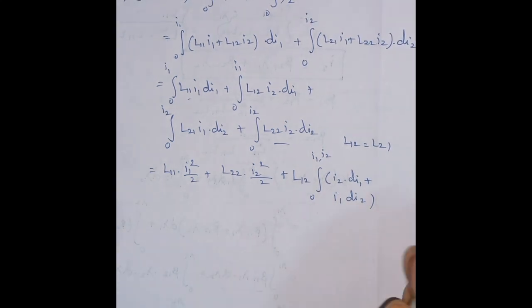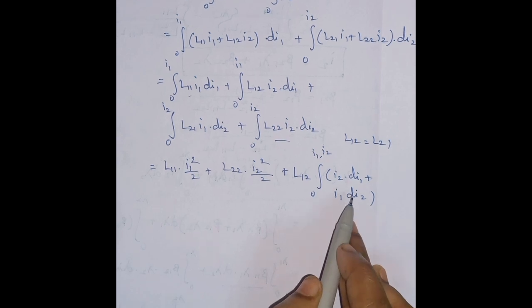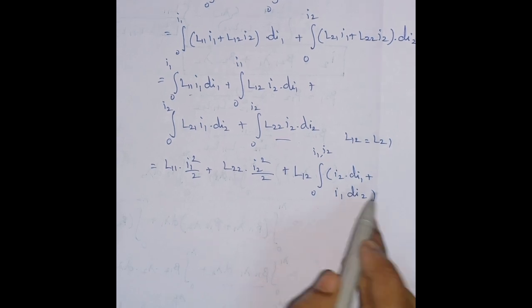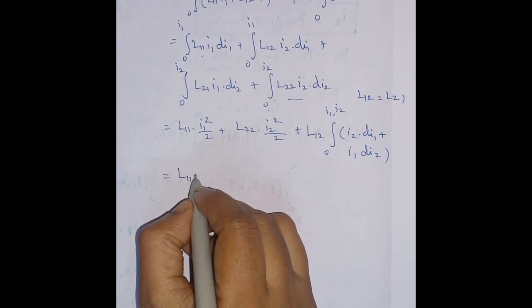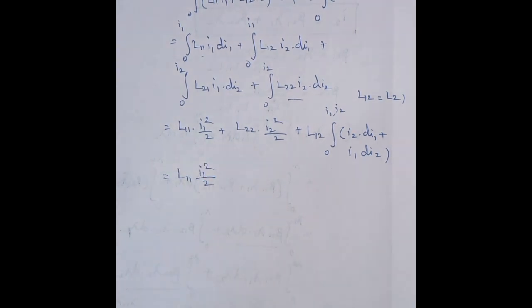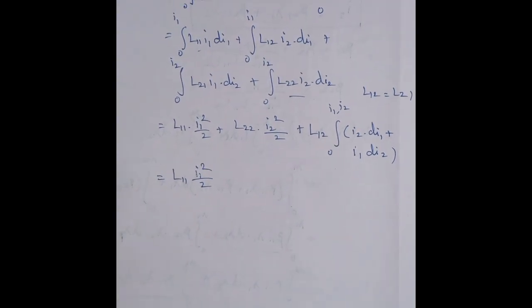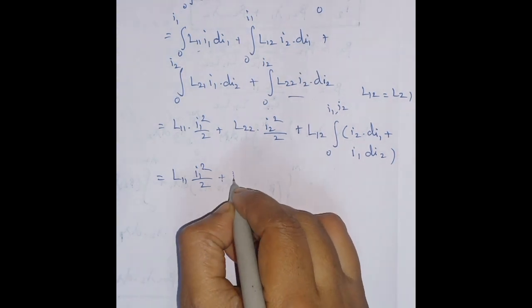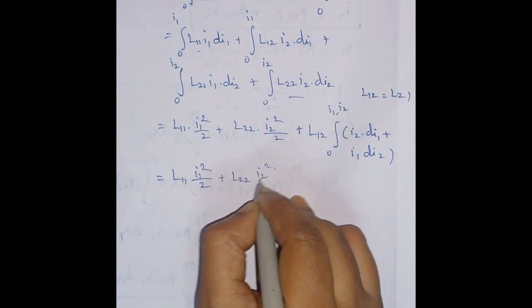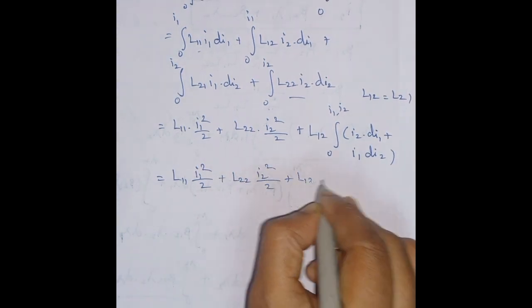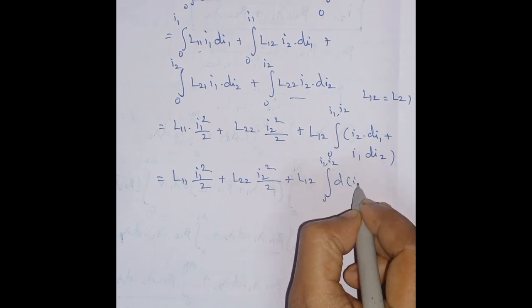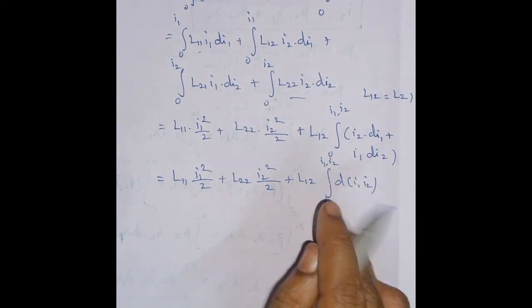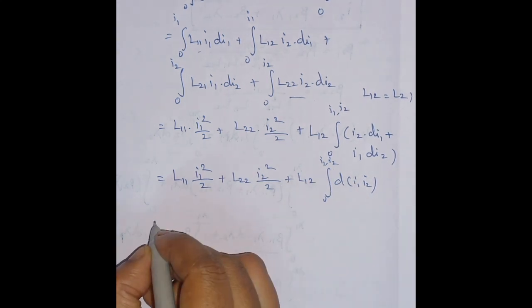So I1 and I2 are independent variables, so we can write it as differentiation of I1 and I2. So L11 I1 square by 2 and then L22 I2 square by 2 plus L12 integration of differentiation of I1 I2. So if you integrate this, you will get only I1 I2, correct?